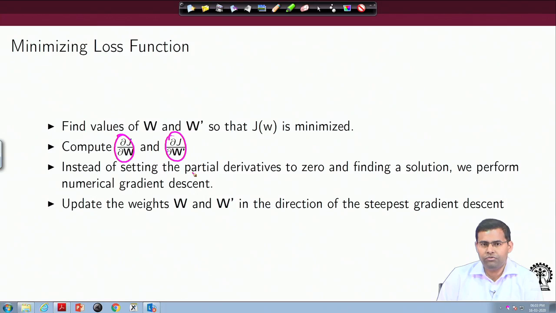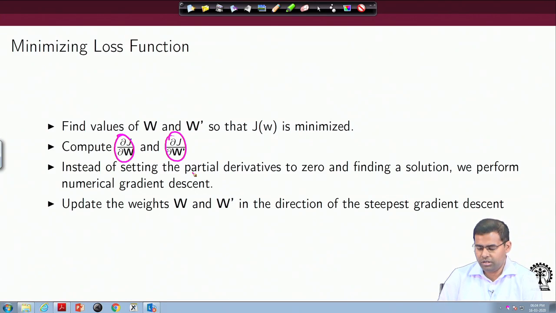From those rates of change, you get the direction in which the loss function is decreasing maximally, and then you start taking a different estimate of the values. What you do is, you figure out the directions in the space of w and w prime in which the loss function is minimizing maximally.